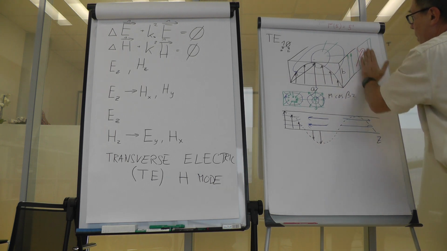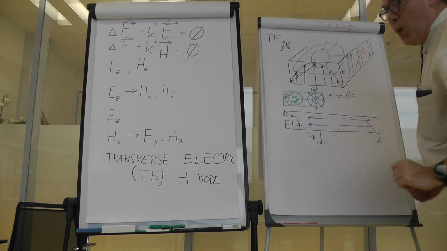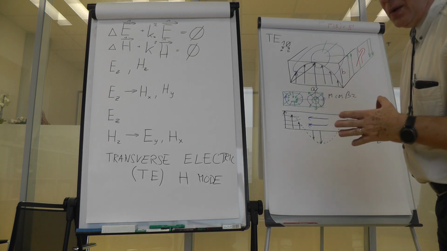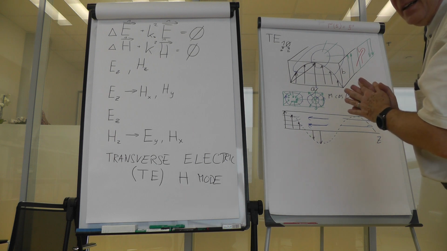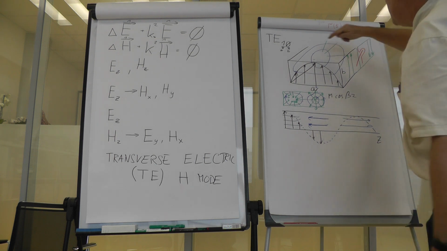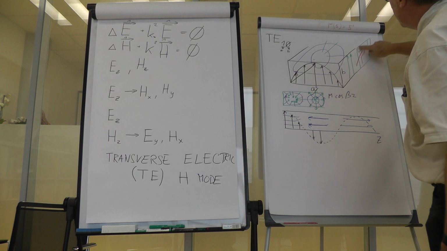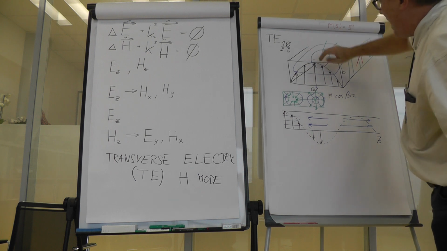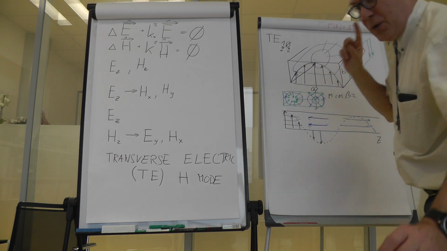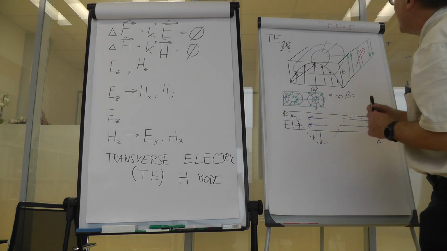So there is a way how to cut a waveguide's wall with the mode which will not corrupt the propagating field. If we need to make a hole into the wider side, we can do it also, but not elsewhere.